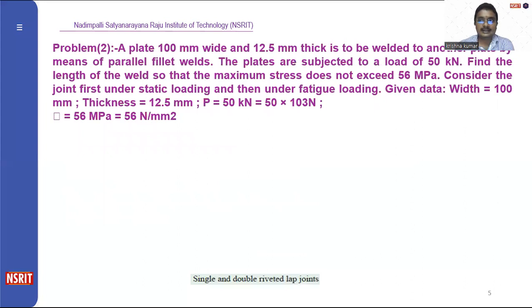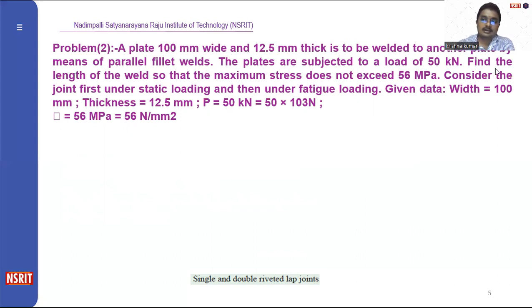In the second problem, a plate 100 mm wide and 12.5 mm thick is to be welded to another plate by means of a fillet weld. The plates are subjected to a load of 50 kilonewtons.